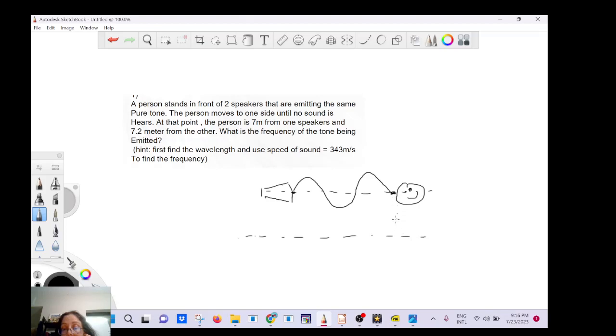So that means for the other speaker, you're going to have a crest here. And here you're going to have a top. And then you have a crest here. And then you are out of phase.